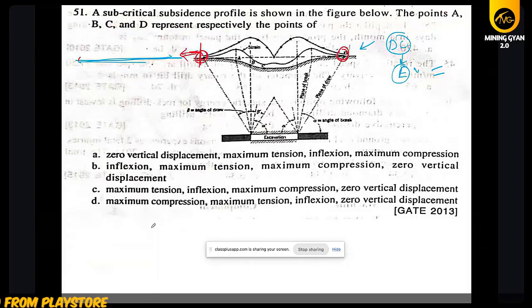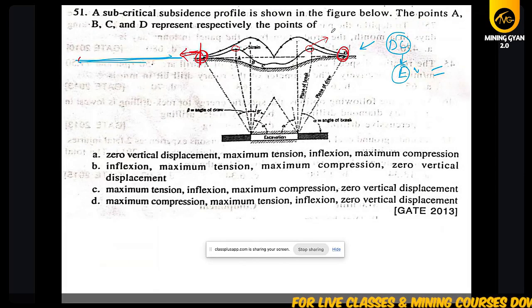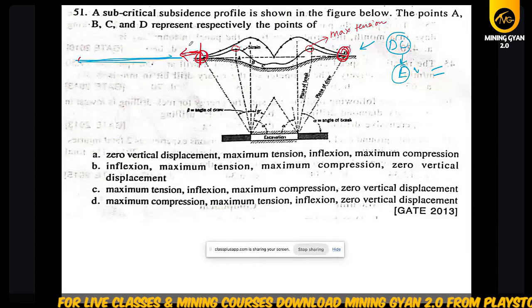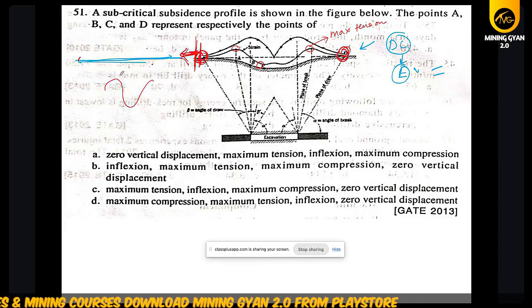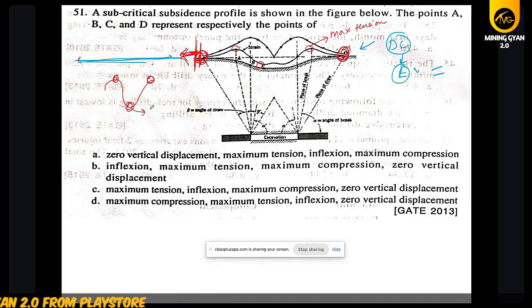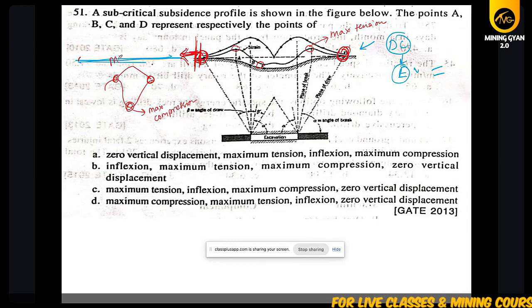If this is your strain graph, then these points will have the maximum tension, and these points have zero displacement in the vertical direction. And the down point, these points have maximum tension and these points have maximum compression. These points have maximum tension.